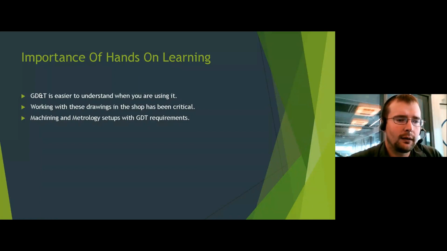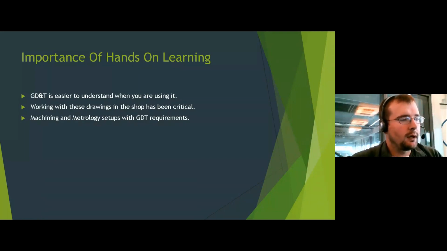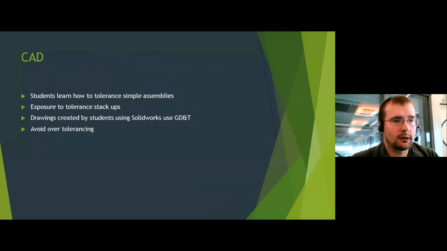But the key is to set them up with a foundation for learning this, maybe they go take a specific class from a training provider, or they need to work with it at work. The key to get rid of the fight or the fear is to have them work with it like it's nothing special. It is the way it is. What does this mean? How do we inspect it? How do we fixture to it? That's been our experience.